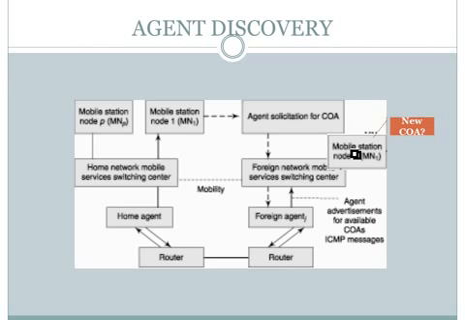Then again, we check whether they are offering a new care of address or it's already the address that is existing. So there are three cases. One thing is whether it is the same care of address, same old address that is being advertised, or whether it is a new address that is advertised.